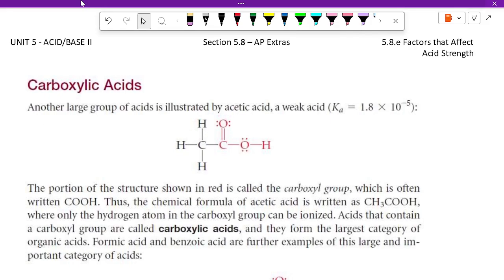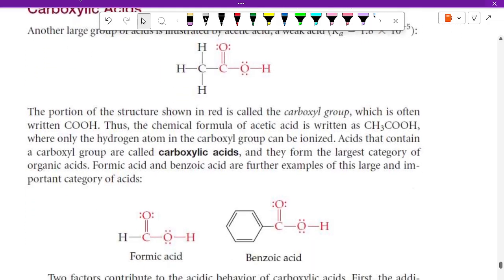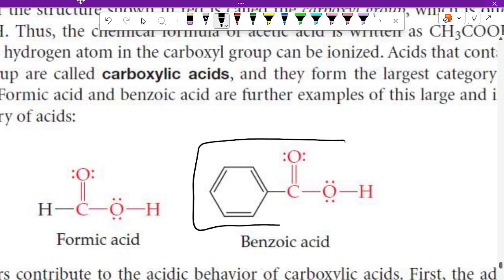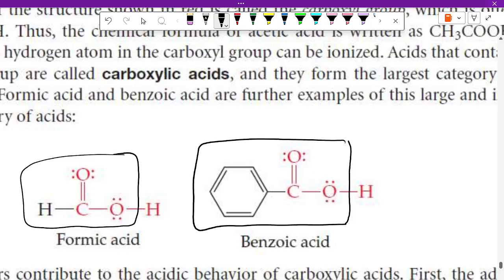Carboxylic acids. Those are our CH3COOH. If you had to guess which of these two conjugate bases would be more able to accommodate the extra electrons, which one would you pick just instinctively?